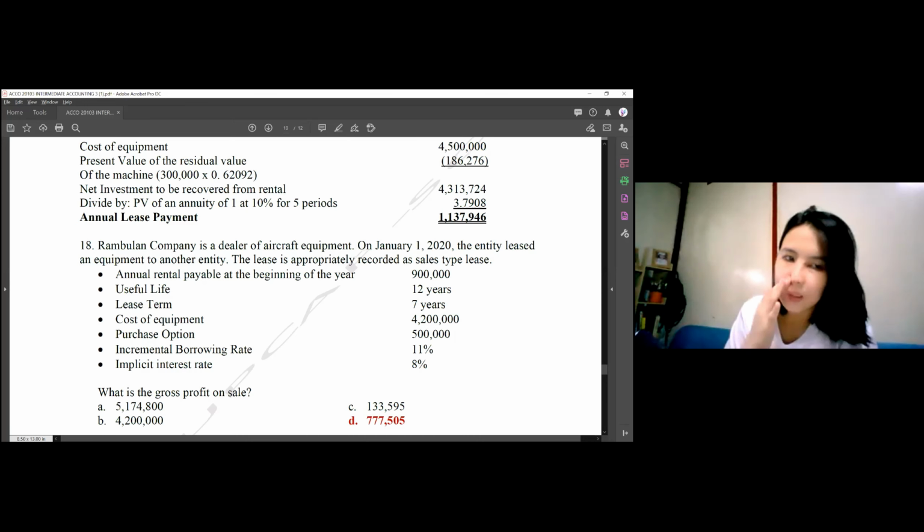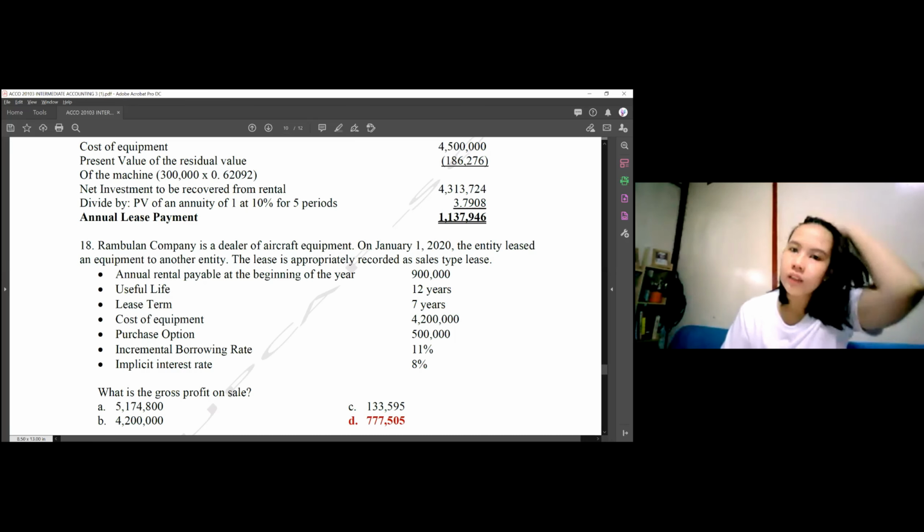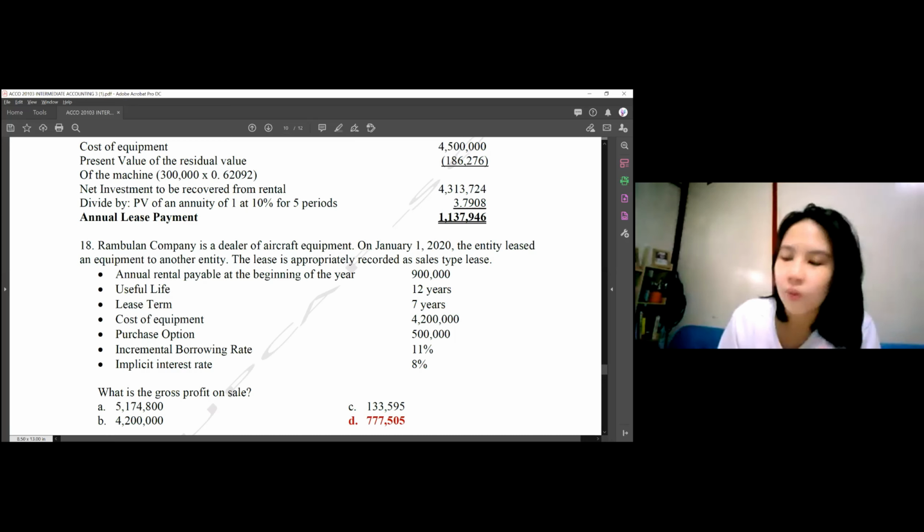And then we'll get 291,745. Add natin yun dun sa present value ng lahat ng annual rental na na-compute natin kanina, which is 4,685,760. So, we'll get the total present value of 4,977,505. Okay? Now, gross profit yung tinatanong, so we need to deduct the cost of equipment.